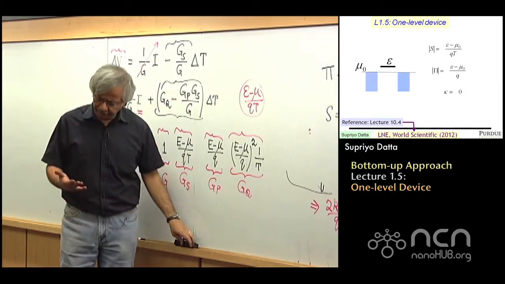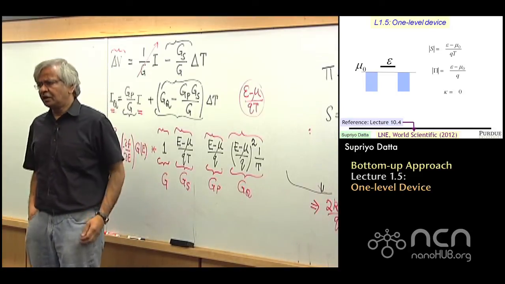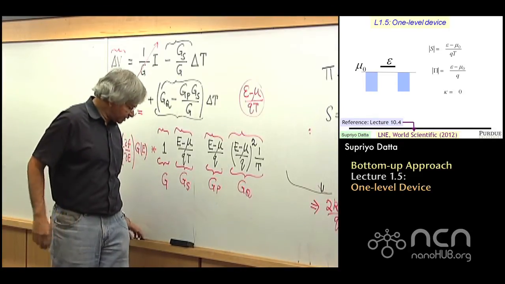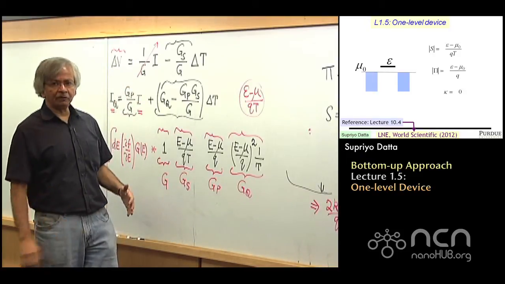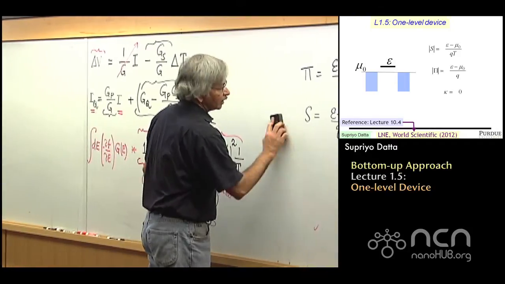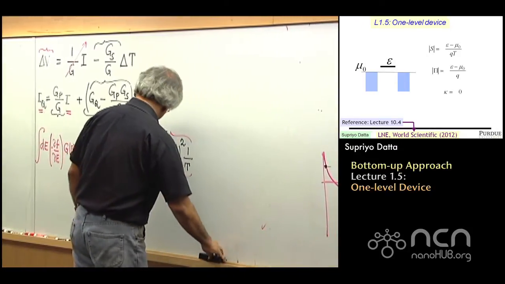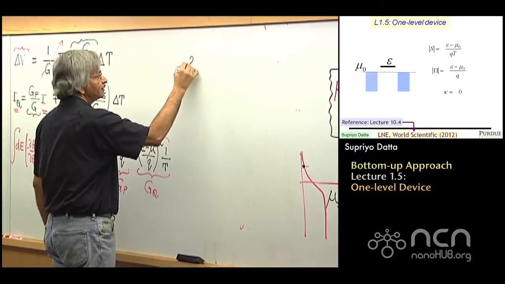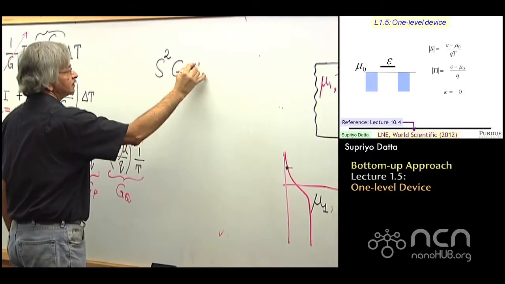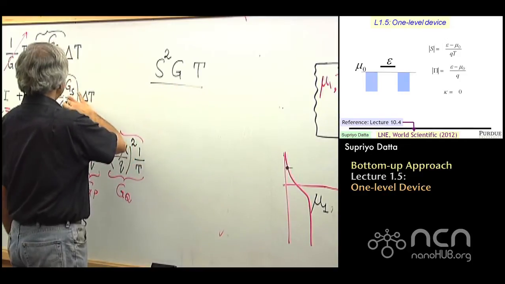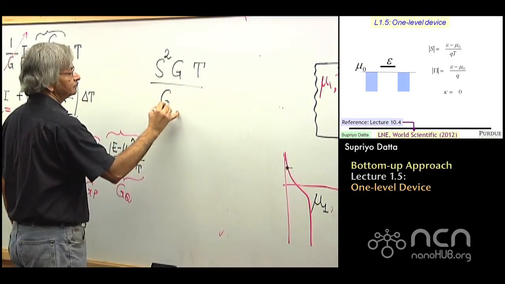And this is important because when you think about how to make a good thermoelectric, usually the answer is that when you look at a thermoelectric material, the usual figure of merit is something like S squared G T divided by this heat conductivity.